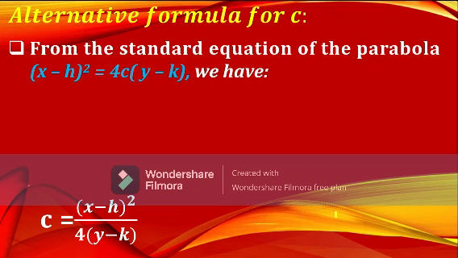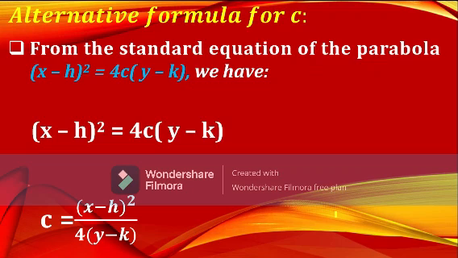So from the standard equation of the parabola, (x − h)² = 4c(y − k), we have (x − h)² = 4c(y − k). Then 4c(y − k) = (x − h)², we just simply swap by the symmetric property.